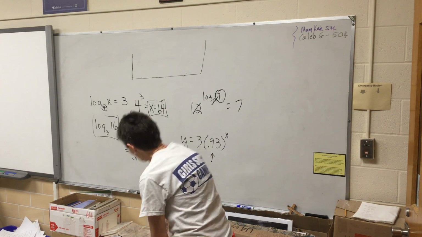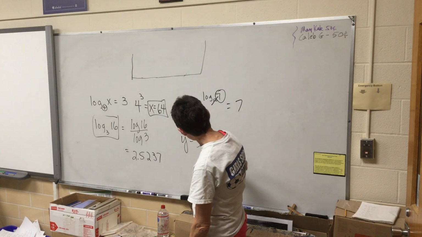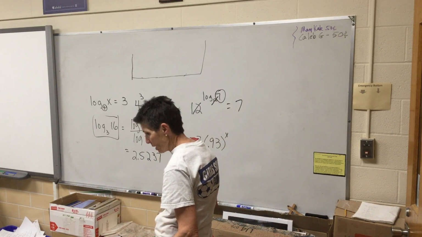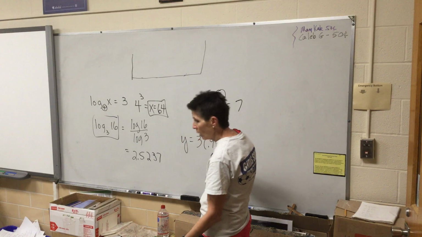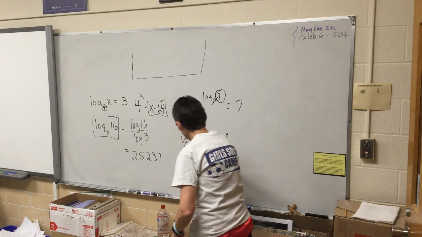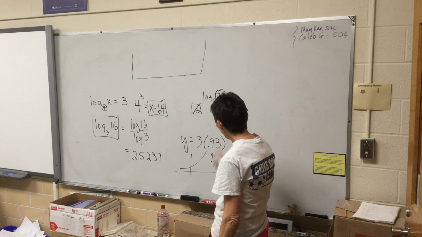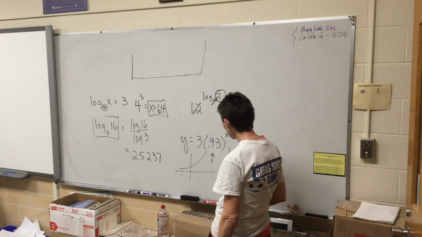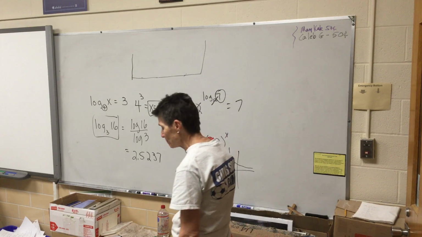That's the key. This number right here, the one that has the exponent, is either going to be more than 1 or less than 1. If it's more than 1, it's a growth problem, and growth problems graph like this. Or this one, it's less than 1, so it's a decay problem, and it graphs like that.